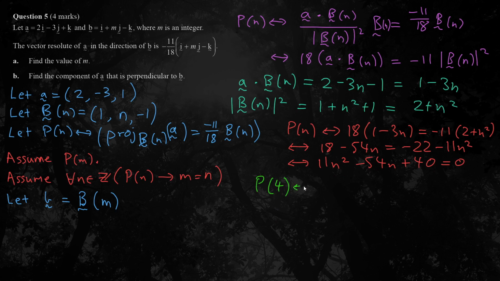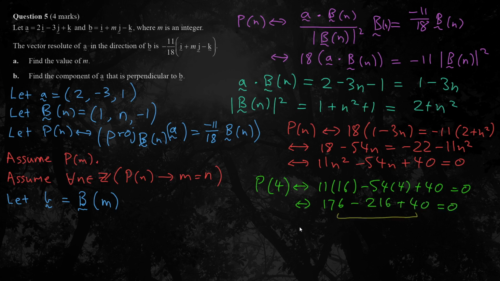So P of 4 is equivalent to 11 times 4 squared minus 54 times 4 plus 40 equals 0, which is equivalent to 176 minus 216 plus 40. And we'll just add these two together. That seems to be the easiest way to see the answer.